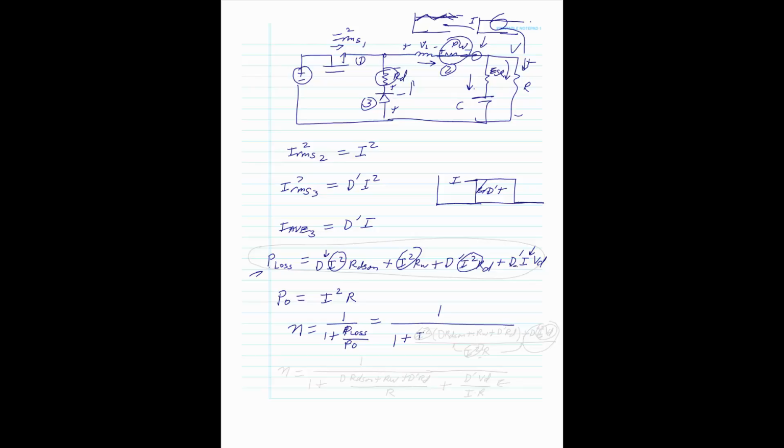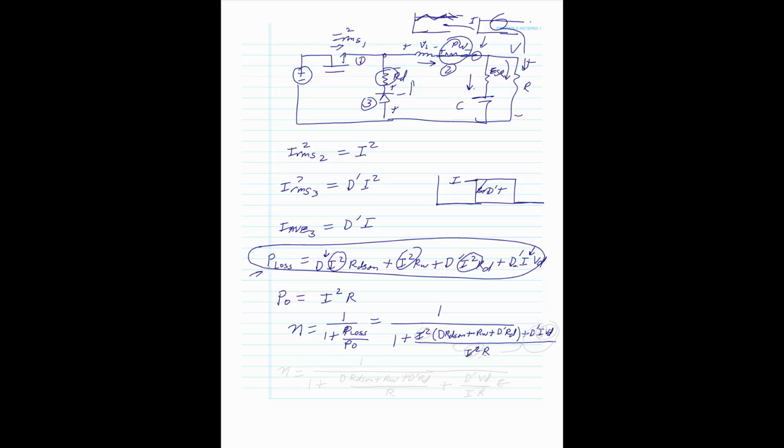So I could pull this out as I squared times D RDS on plus RW plus D prime RD, that's the I squared, plus D prime I VD, divided by the power out, I squared R. You see how the I squares go out now?